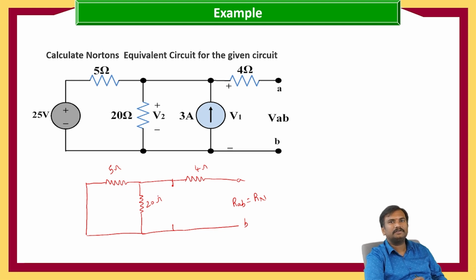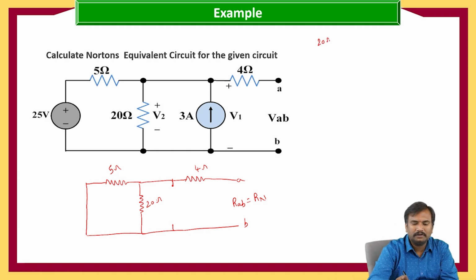If you see these two resistors, 5 ohms and 20 ohms, they carry different currents and are connected between the same two terminals. So we can say that these two resistors, 20 ohms and 5 ohms, are connected in parallel.